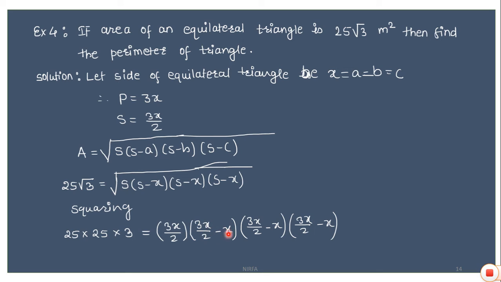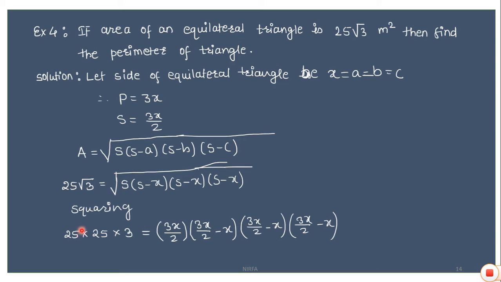Now if you see the second bracket, 3x by 2 minus x is x by 2. This also gives you the value x by 2. This also gives you the value x by 2. And after squaring, this root gets cancelled. And keep in mind, while squaring, you don't write the square of 25 as 625.